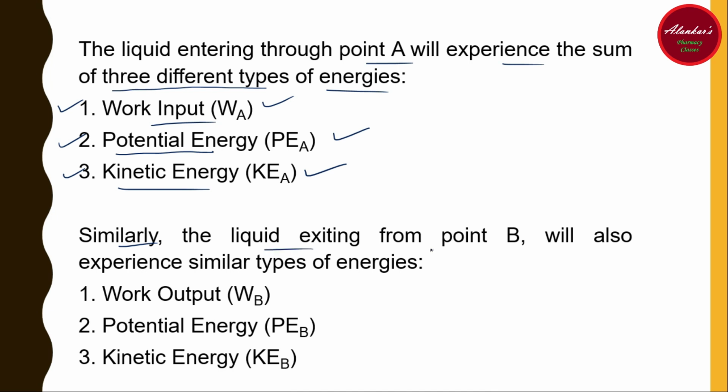Similarly, the liquid exiting from point B will also experience similar types of energies. In this case there is a work output, WB, the potential energy PEB, and the kinetic energy KEB. So these are all the energies involved in this experiment.